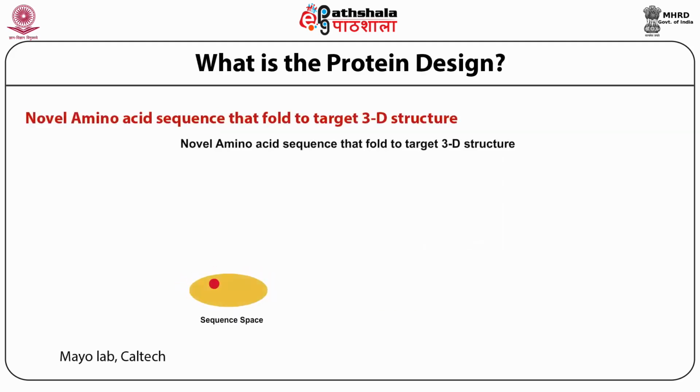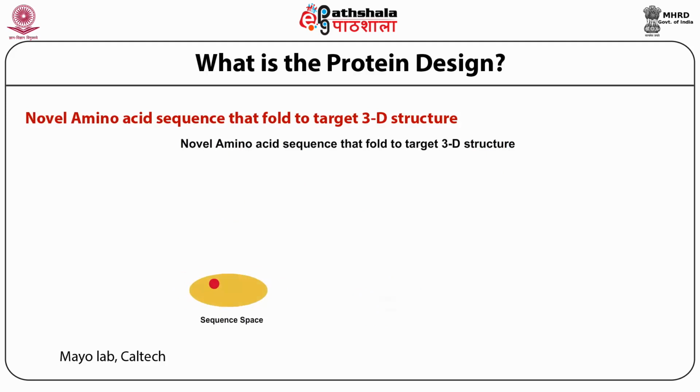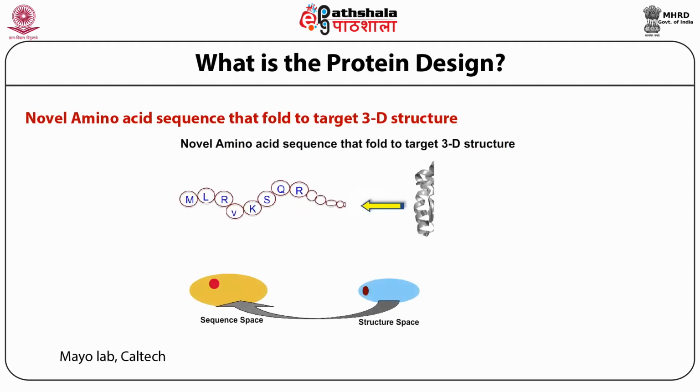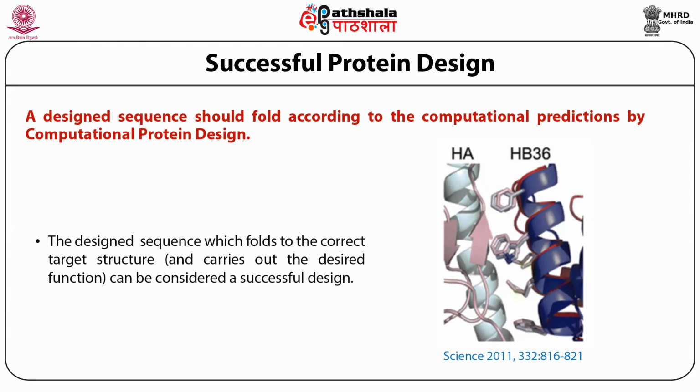So what is protein design? This is exactly the opposite problem of protein prediction. That means you know what kind of 3D structure you want, and you need to predict what kind of sequence can fold into that 3D structure. This is more problematic than the protein prediction method. What is a successful protein design? A designed sequence which folds to the correct target structure can be considered a successful design.